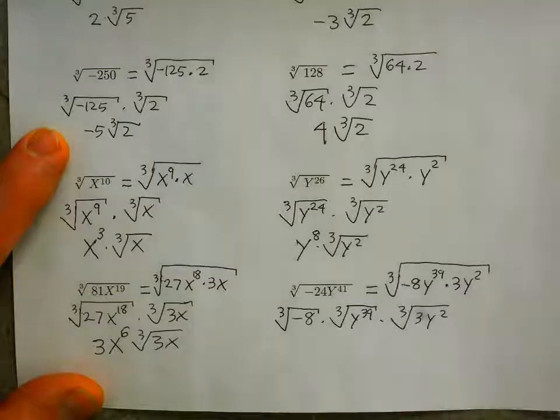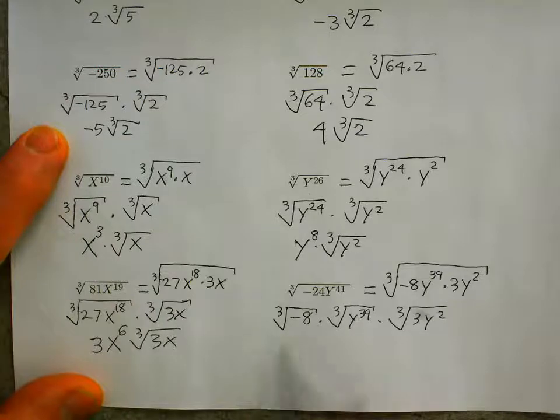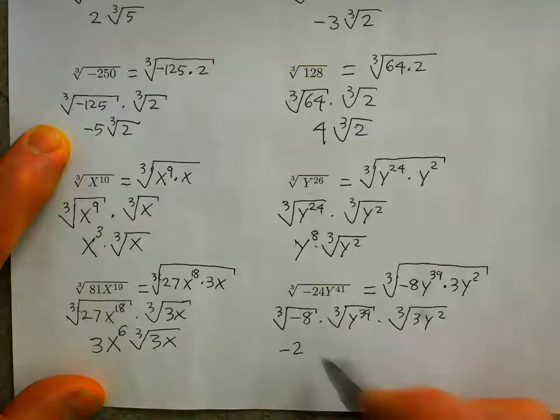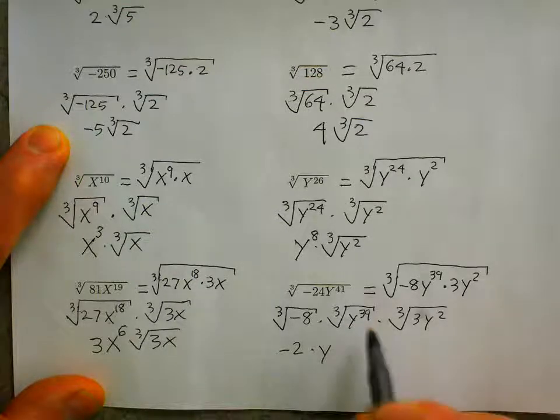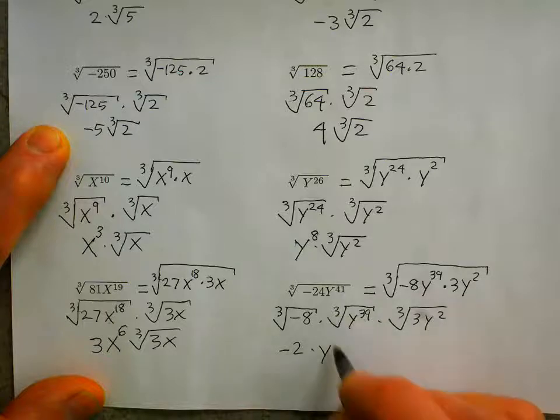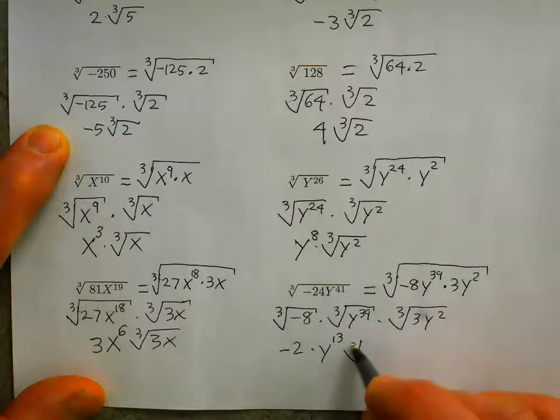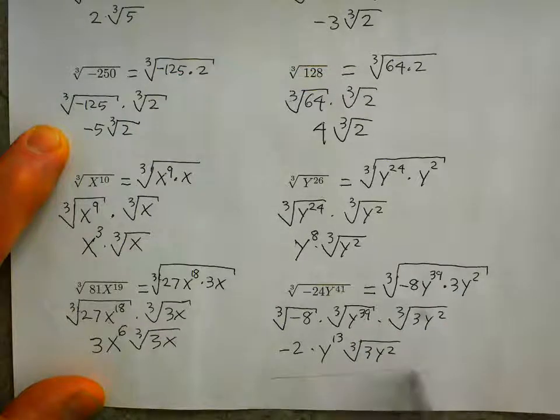Hey, we can simplify the cube root of negative 8. That's negative 2. In other words, negative 8 is a perfect cube because negative 2 to the 3rd is negative 8. The cube root of y to the 39th is y to the 39 divided by 3, or y to the 13th, multiplied by the cube root of 3y to the 2nd. So this is our simplified answer.